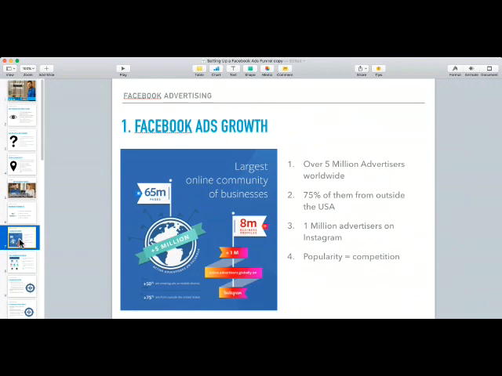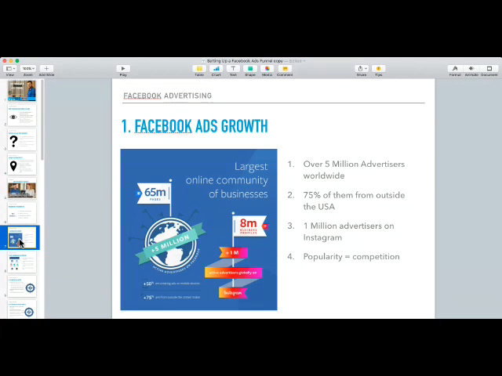So it is really a worldwide business, and Instagram is growing a lot as well. If you don't know, Facebook owns Instagram, and you can serve ads on Instagram, but you need to set them up via Facebook. There are a lot of people advertising on Instagram as well, and I have no doubt that has grown a lot in the last 6 months, especially with the capabilities and the ad units and the growth of Instagram itself.